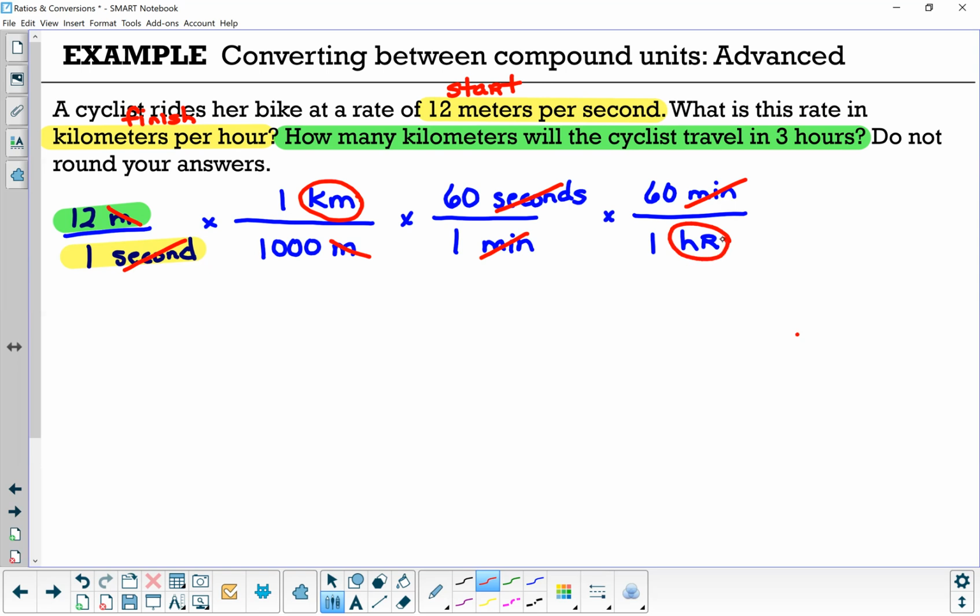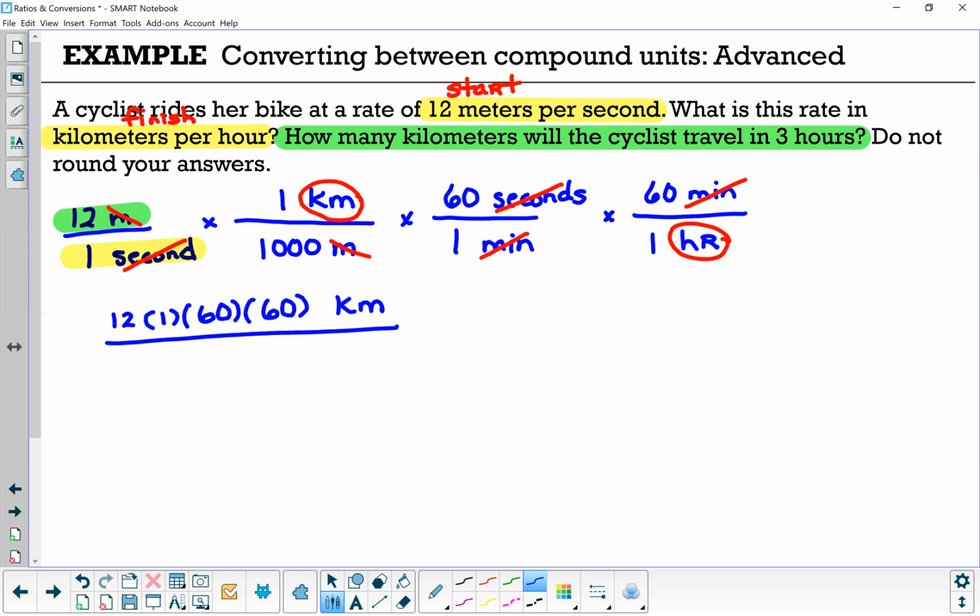So notice how we have kilometers per hour. Okay, so what we have here, we multiply the 12 times the 1 times the 60 times the 60, and we have kilometers in our numerator.